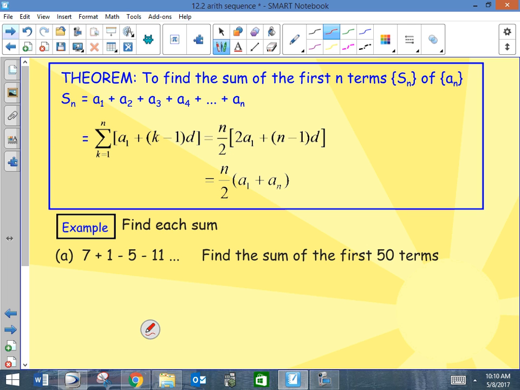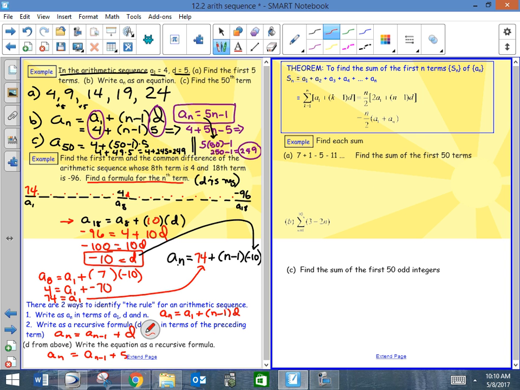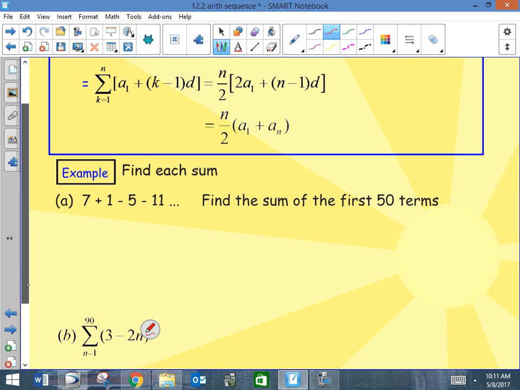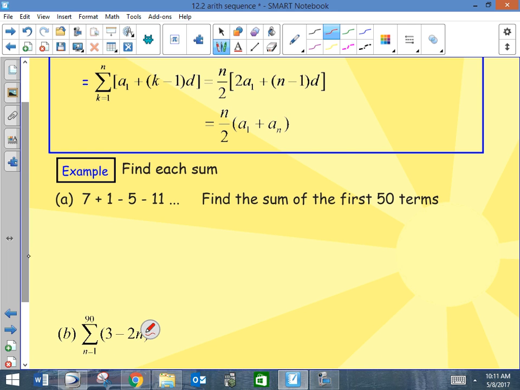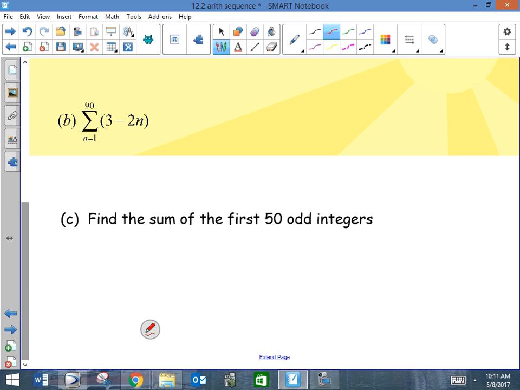Okay? Before we were just talking about the arithmetic sequence. Notice we're not adding this one and then this one and then this one. I know for a fact that quite often they ask us to find the sum of the first odd integers on those ACT tests.